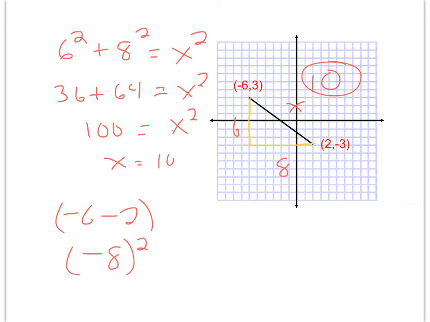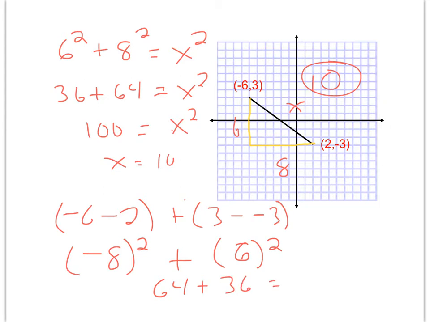The difference of my y's is going to be 3 minus -3, which is 6. So that's 6 squared. So now, once again, I can see I have 64 plus 36, which is 100. The square root of 100 is 10.